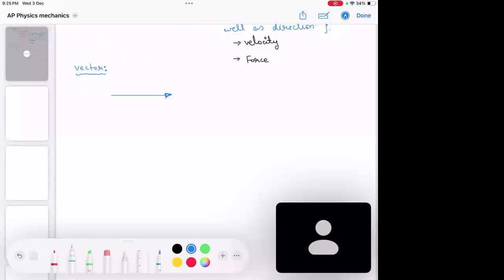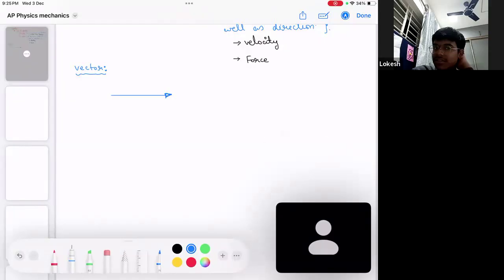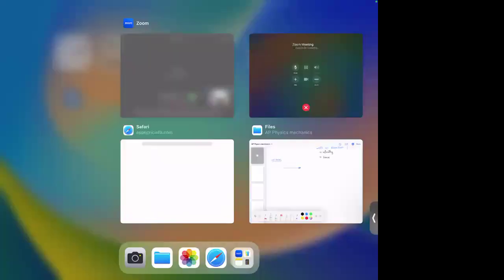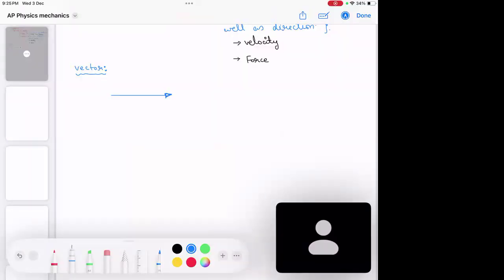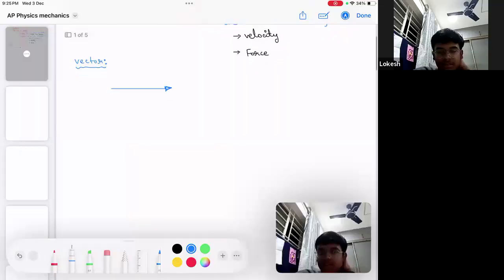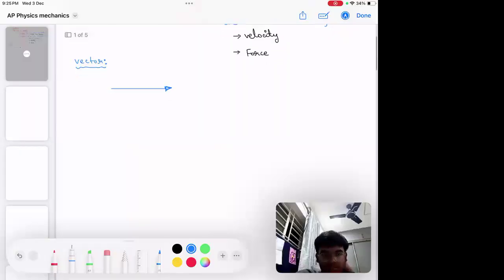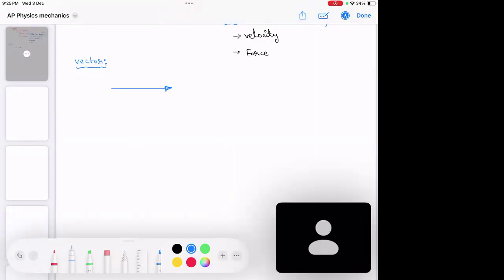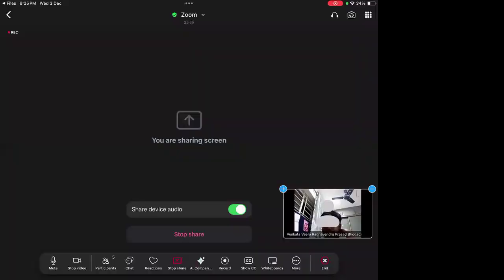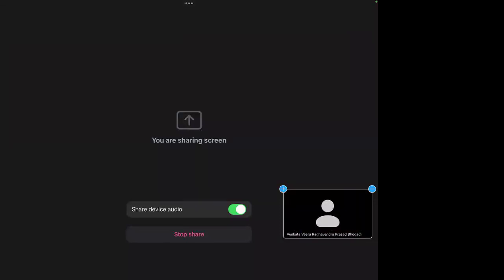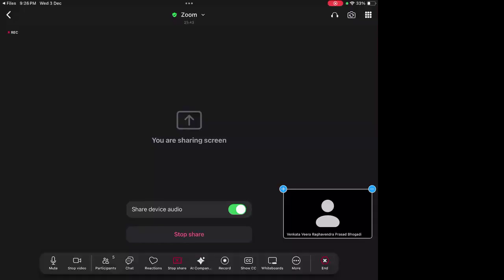Sir, your screen is not shared. We cannot see your screen, sir. Can everyone see the screen? Yes, sir. You people can see, but I can't see. Is the screen shared?